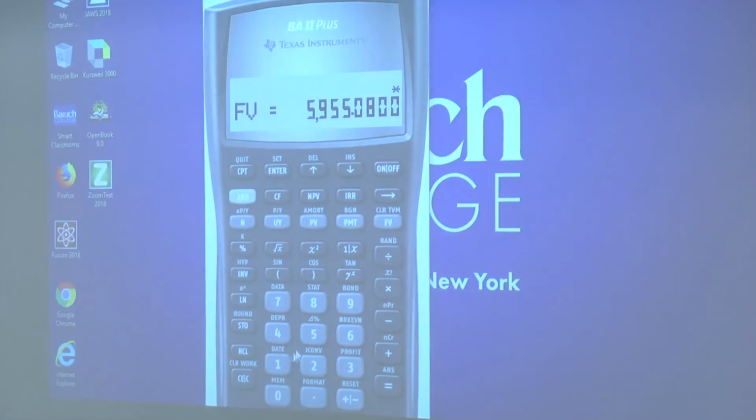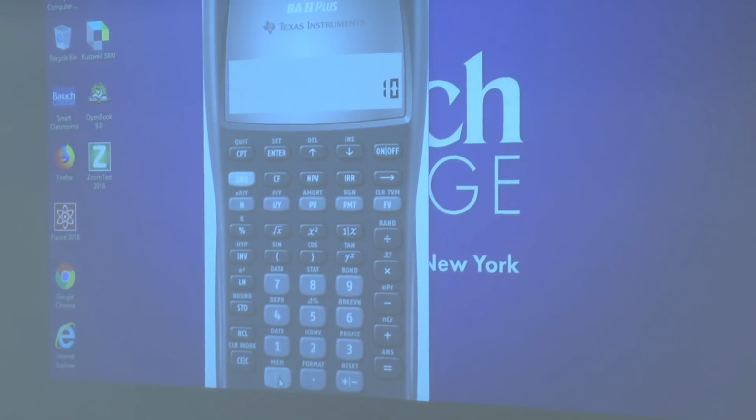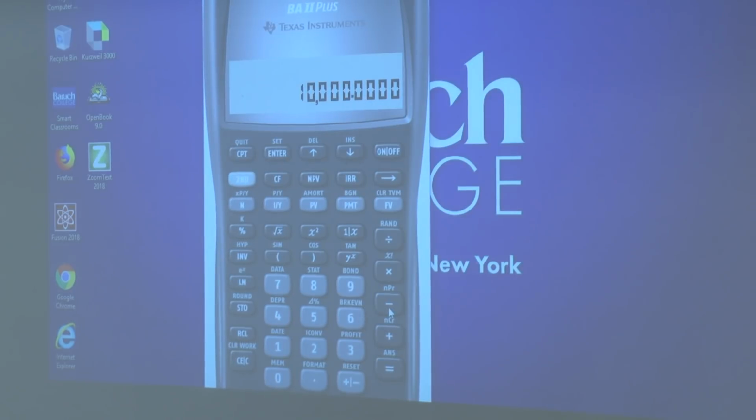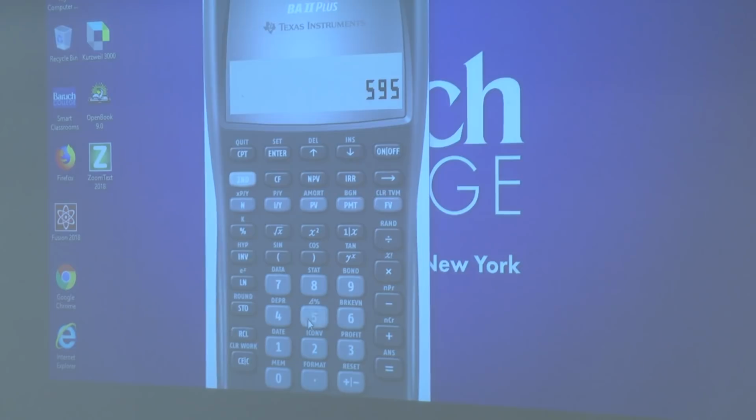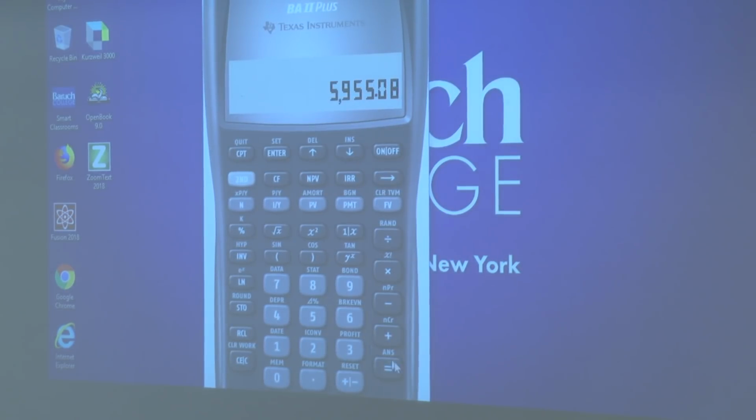So how do I do it? I have $10,000 minus 5,955.08. This is the amount that I still need somehow to finance, to figure out a way to get in 3 years. So this is my future value. 3 is the number of years. 10% is the return on this investment. 0 is the payment.